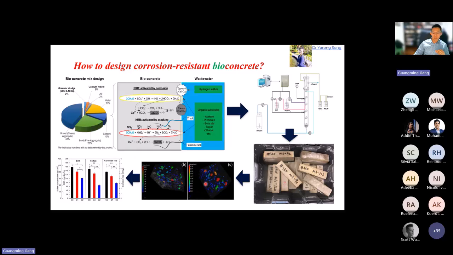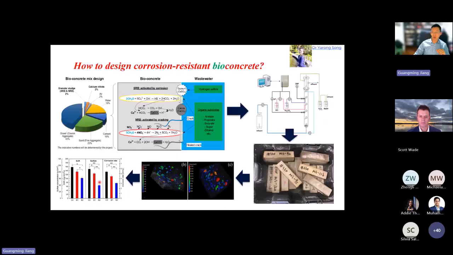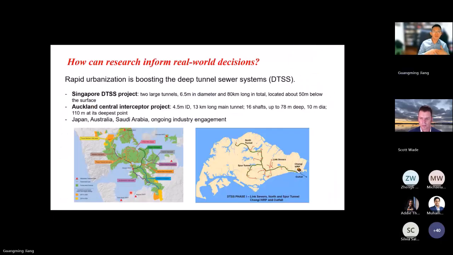I think this is the work we did with ANSTO using their neutron analyzer to observe the granules, how they have been distributed inside the concrete blocks. And very interestingly, when we conducted the corrosion test, we found this bioconcrete actually has very good corrosion resistance. So that's a bio solution to this.